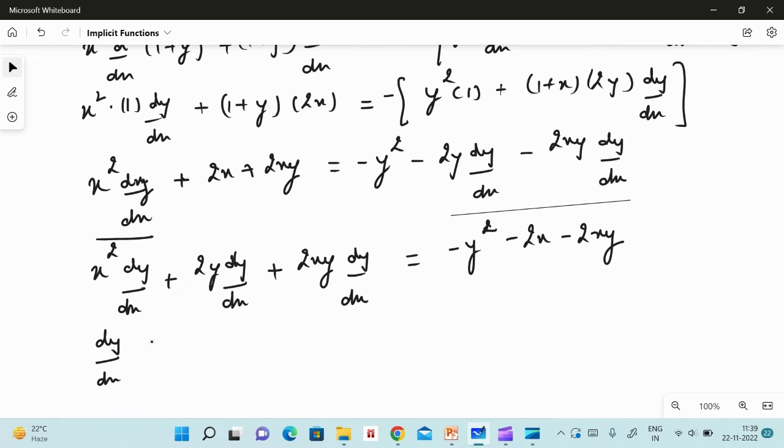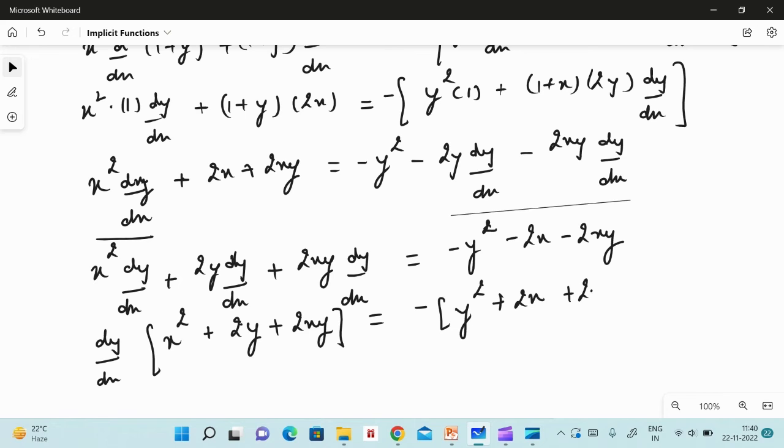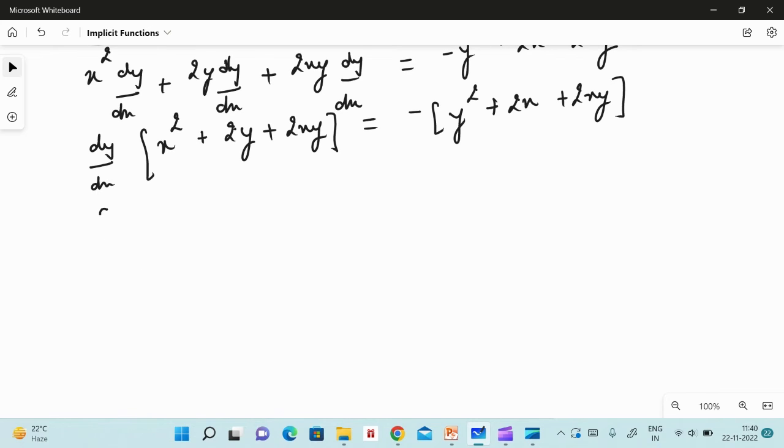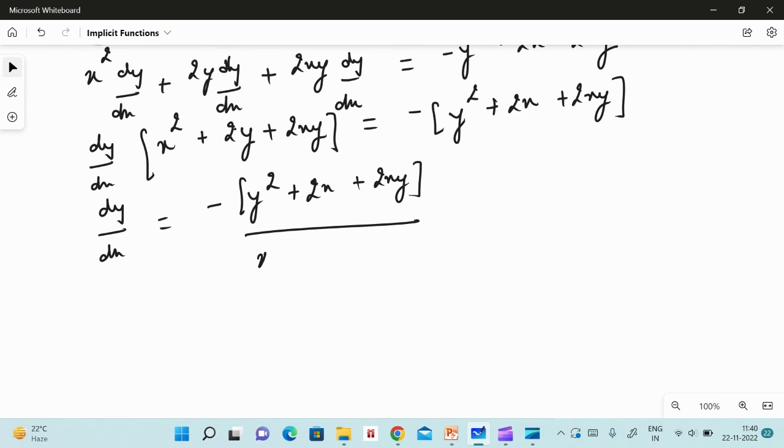So I will take dy by dx as common: x square plus 2y plus 2xy is equal to, I'll take minus common, y square plus 2x plus 2xy, and the value of dy by dx is equal to minus y square plus 2x plus 2xy divided by x square plus 2y plus 2xy, right? So this is my solution.